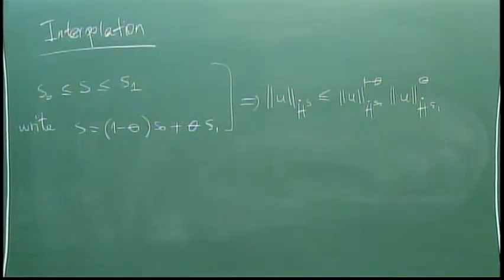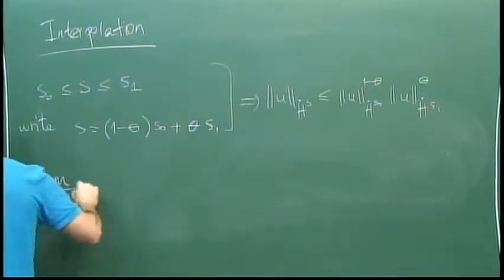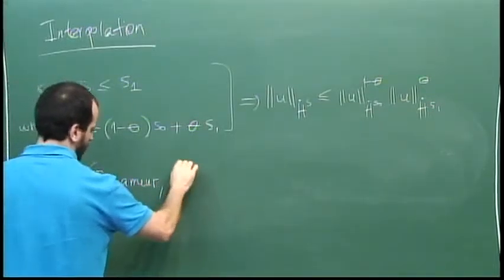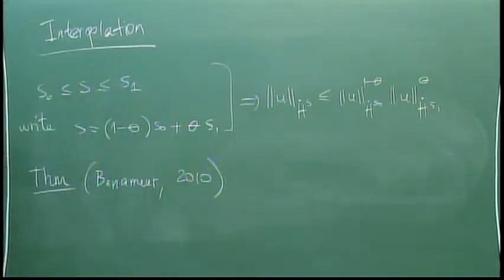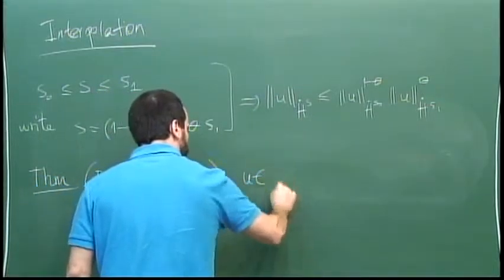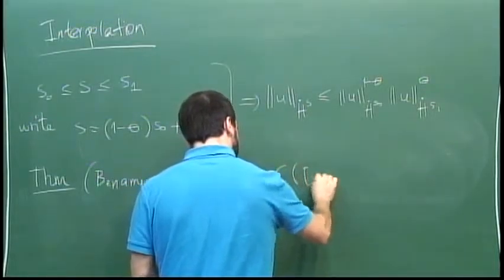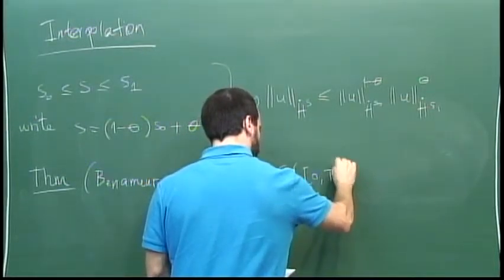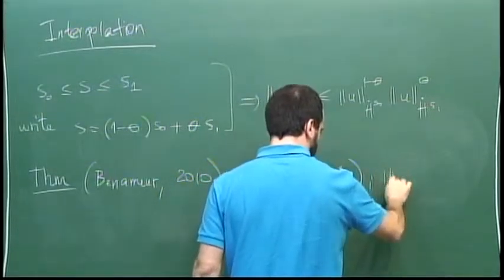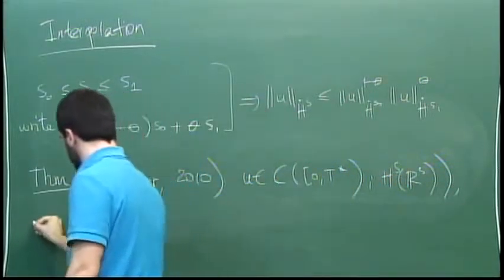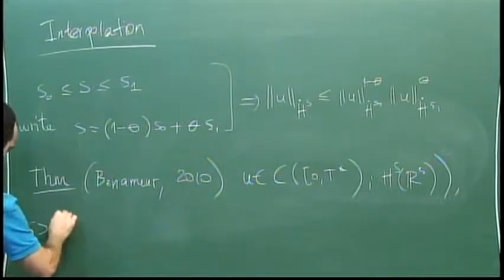And this is basically what Benameur used in his paper in 2010 to obtain a different sort of blow-up criterion for the Navier-Stokes equations. He assumes you have a solution. You can always assume there's a classical solution in the maximal interval, but then you have also a solution in the space H^S of R3, with S bigger than 5 halves.